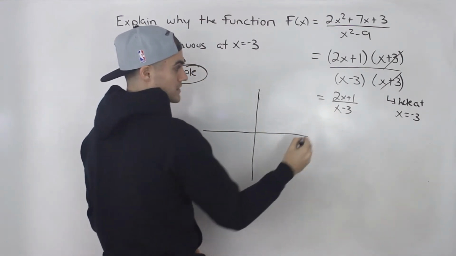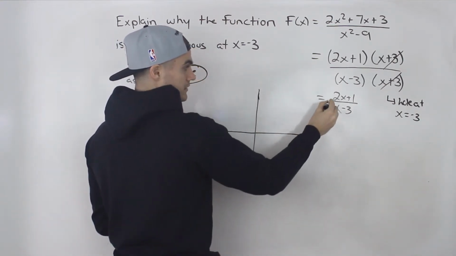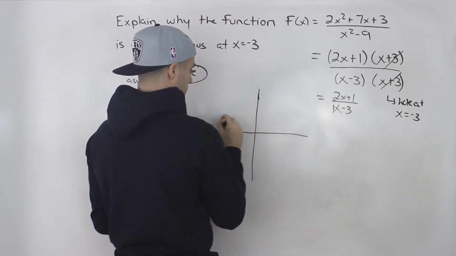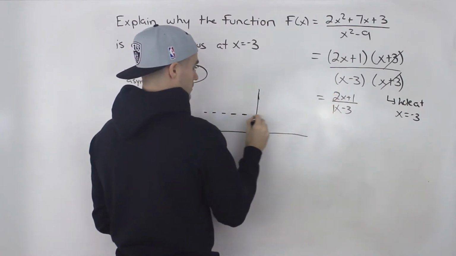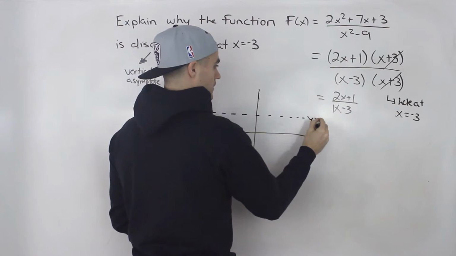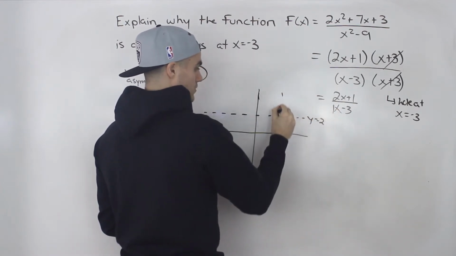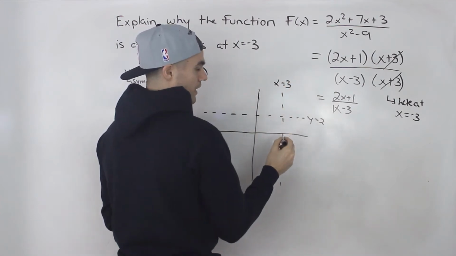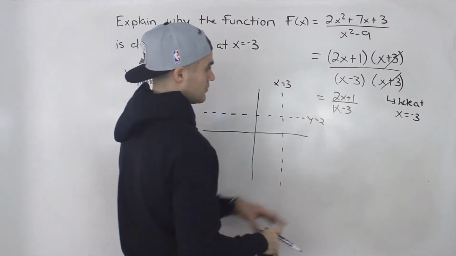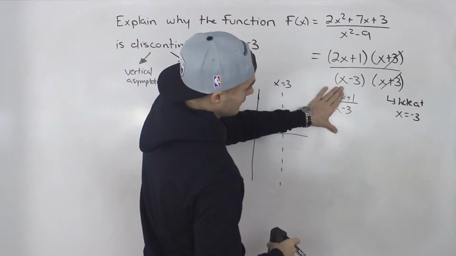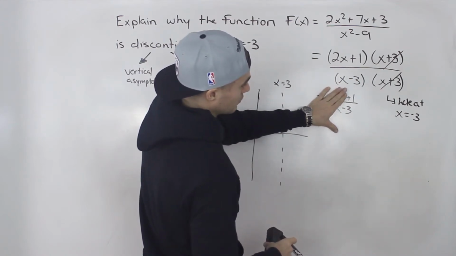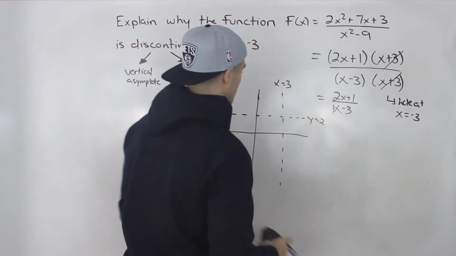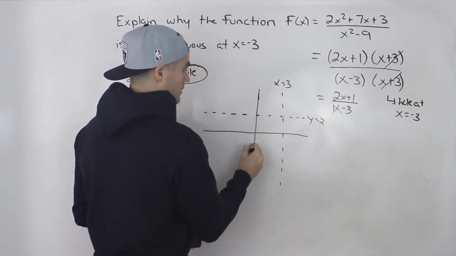If you remember from advanced functions, basically there's going to be a horizontal asymptote at 2 over 1, which is just 2. There's going to be a vertical asymptote at an x value of 3. And then the y-intercept, for example, we could plug in 0 for x and we'll have negative 1 over 3 or 1 over negative 3. So that would happen down here.